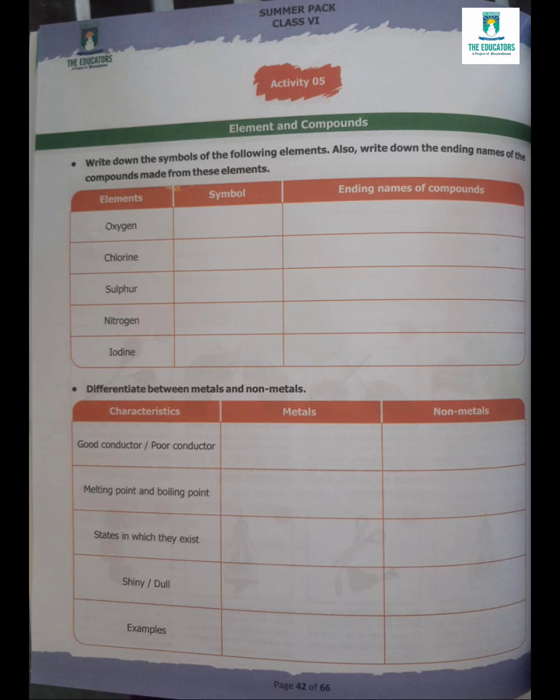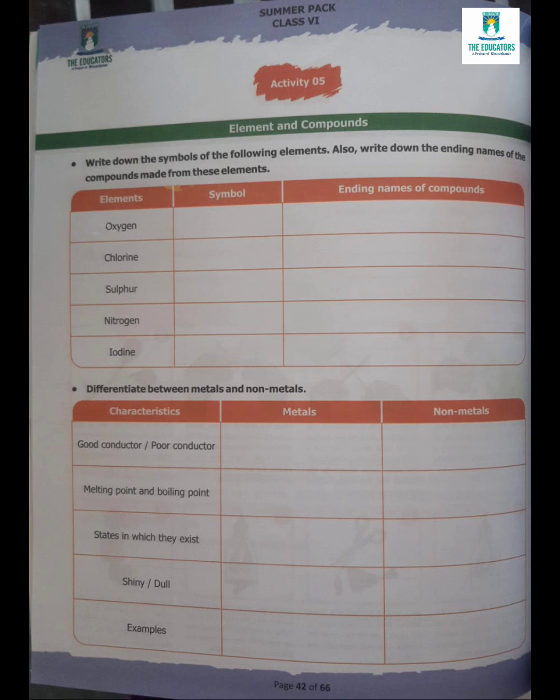Similarly, we have to write the ending names of the compounds formed by chlorine, sulfur, nitrogen and iodine. Their names end with IDE, for example, oxide, chloride, sulfide, nitride and iodide.